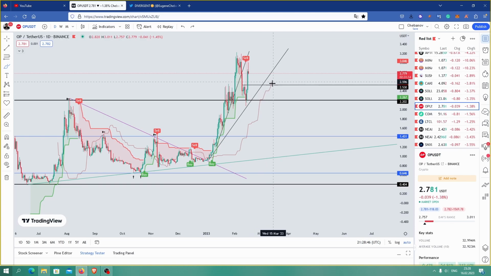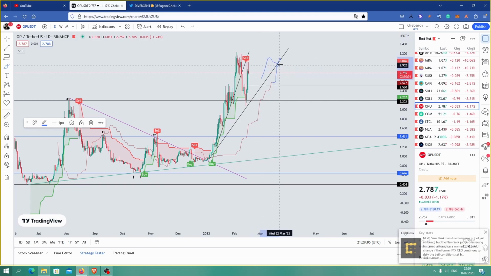But that is also because of this Kijun. It is too far from this trend line. I told you before, we need to meet these things together, so that we would be convinced that if we lose it, then definitely we have already lost our bullish sentiment.